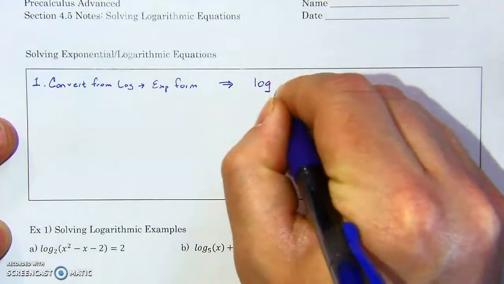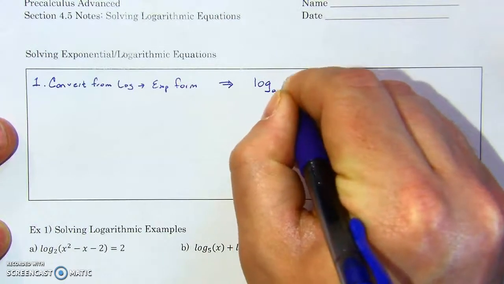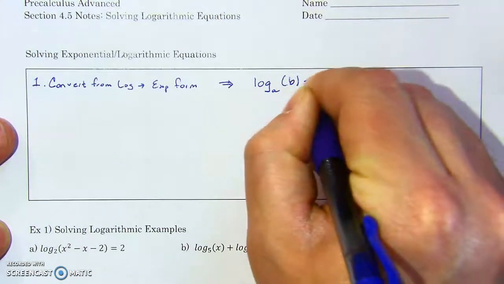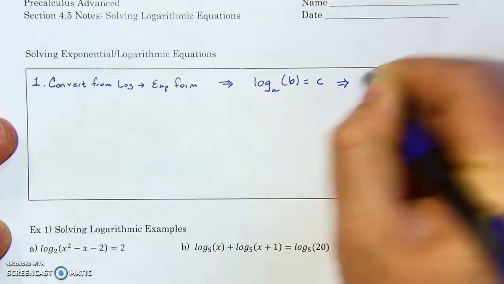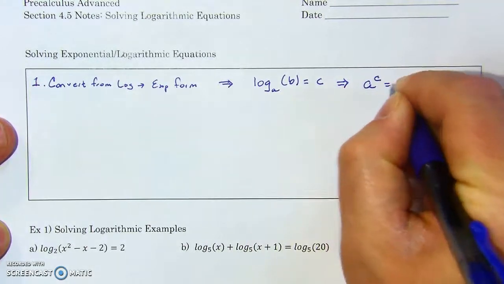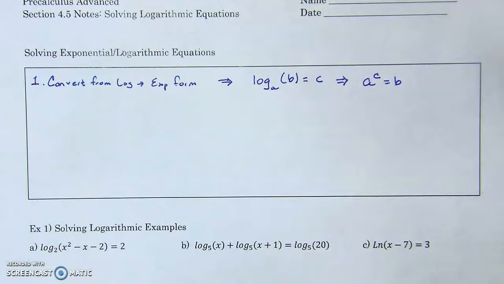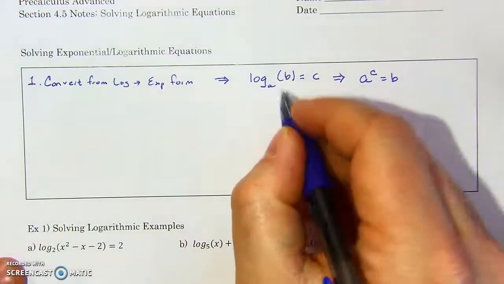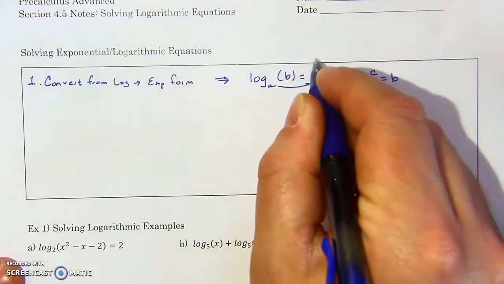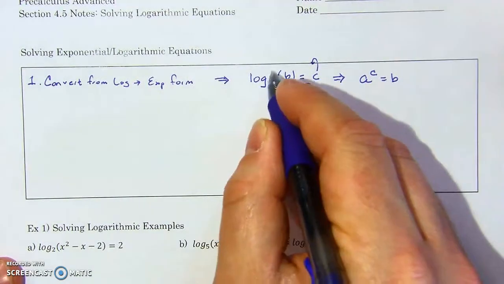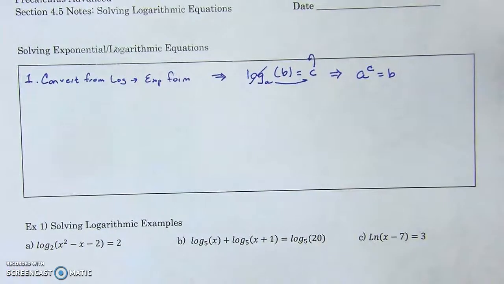Log base A of B equals C will turn into A to the C equals B. Remember, we slide the base over, pop the constant into an exponent, and then the log goes away. That's where we get A to the C equals B.